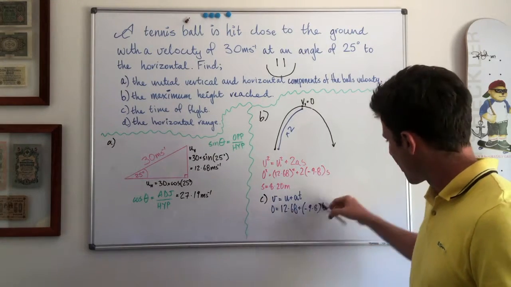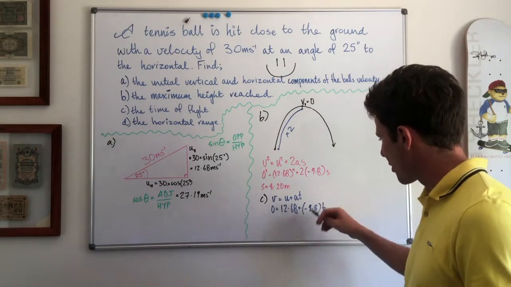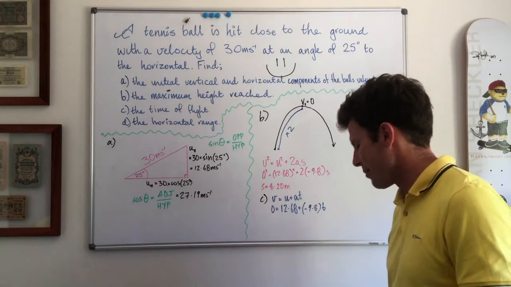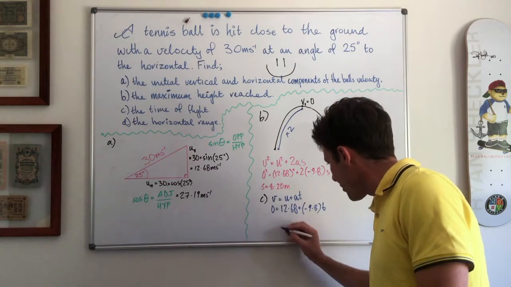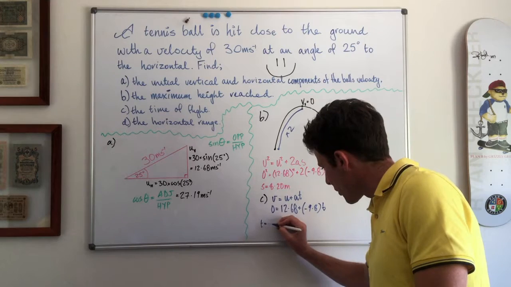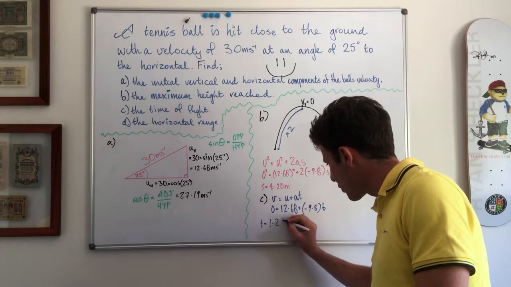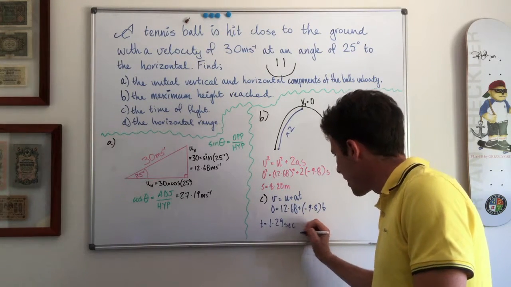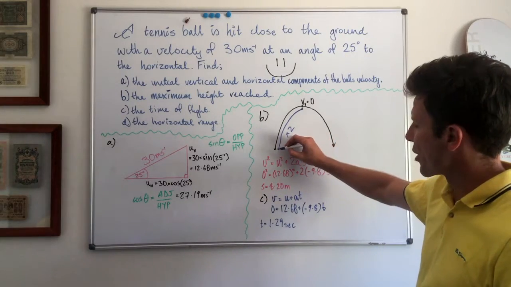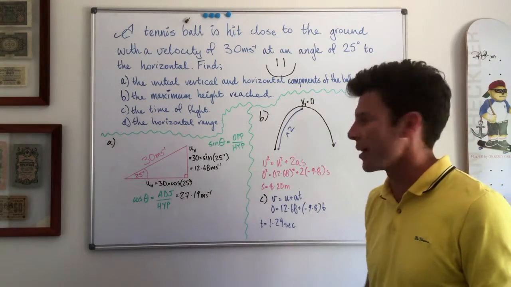Now what we can then do is a little bit of algebra, take the 12.68 over, divide by negative 9.8, and we get a time which is equal to 1.29 seconds. Now that's the time that it takes to get from where it's hit by the racket to its maximum height.